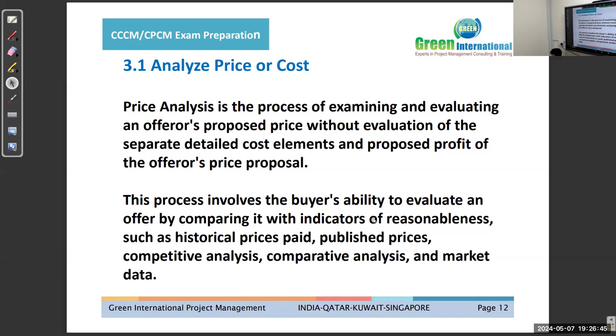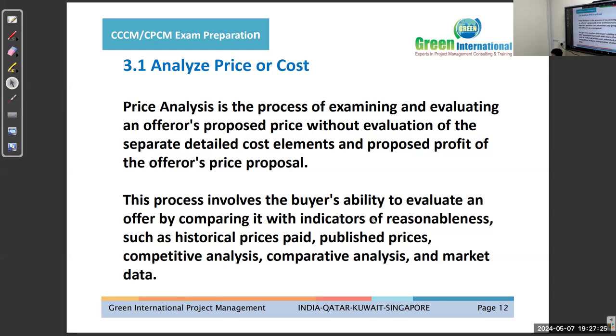We'll go through this slide. Price analysis is the process of examining and evaluating an offerer's proposed price without evaluation of the separate details, cost elements, and proposed profit of the offerer's price proposal. So in this, we will not have the detail about the profits they are keeping. We just have to evaluate technically and generally, and later on we may ask them for a breakup also. To make this transparent, we may ask them for the complete BOE, basis of estimates, also.